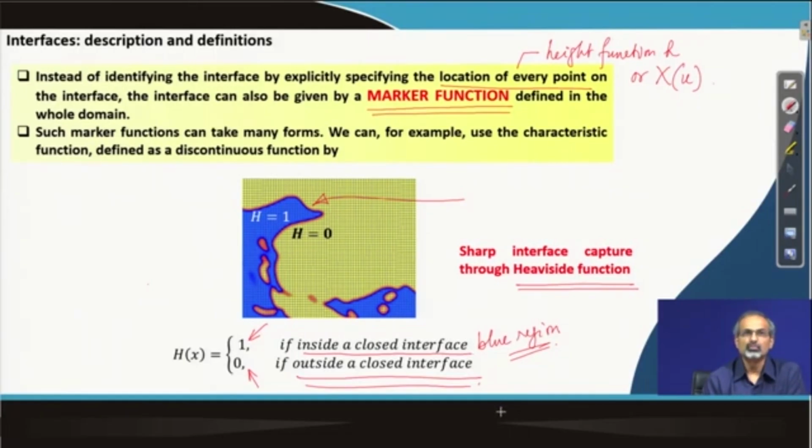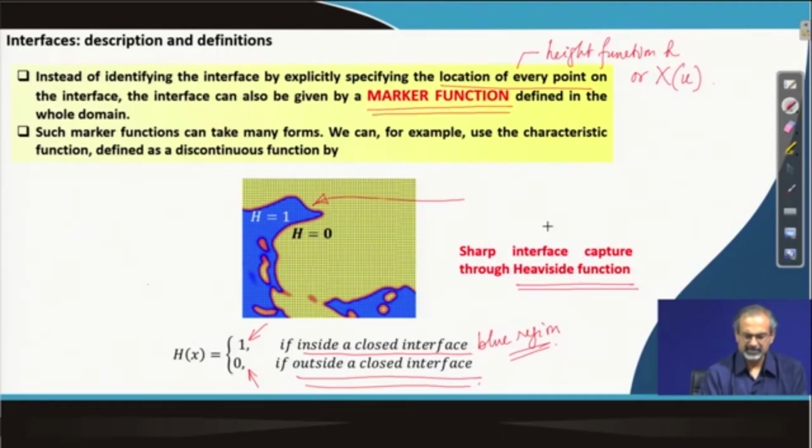That means, we are as though marking the different phases with some kind of a functional value of this Heaviside function. Then such marker functions can take many forms.